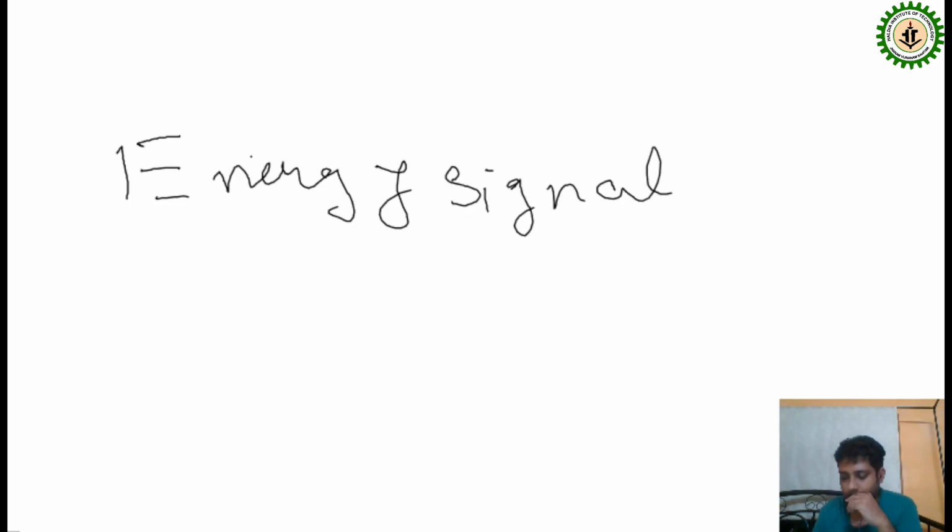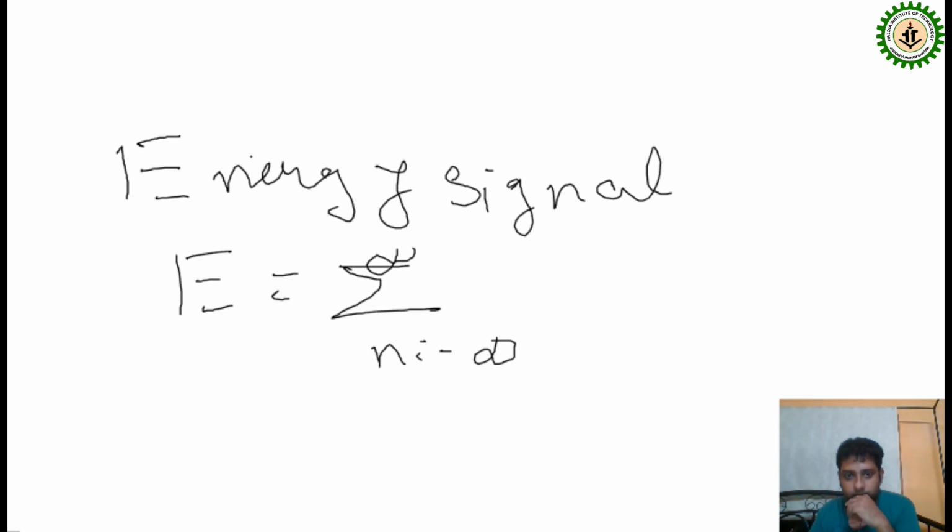So in discrete domain, we will represent the energy signal by E, that is E is equal to summation n is equal to minus infinity to plus infinity mod of x[n] whole square.